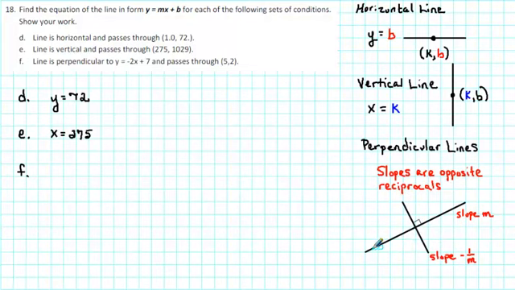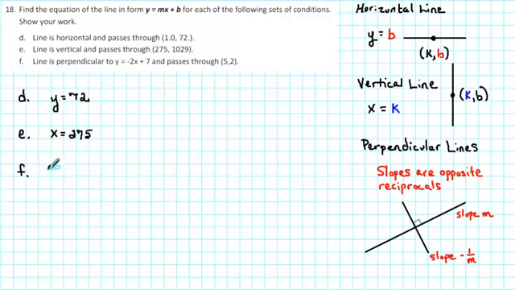And if one line has a shallow slope, then the perpendicular line will have a steep slope. So the slopes are opposite reciprocals of each other. If the slope of one is m, then the slope of the other one will be the opposite of 1 over m. So our strategy will be to first find the slope of the given line.